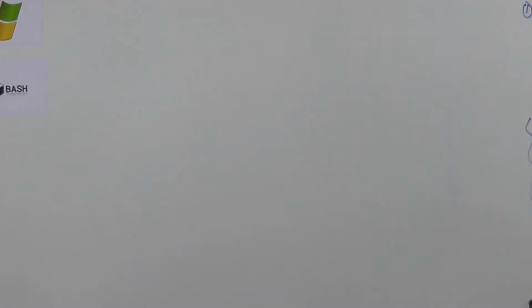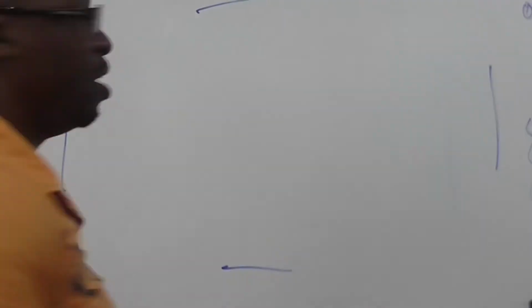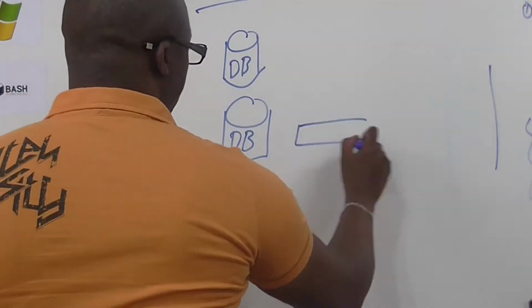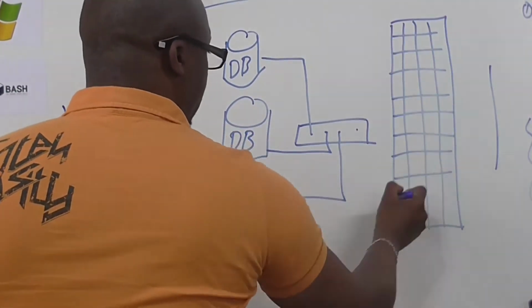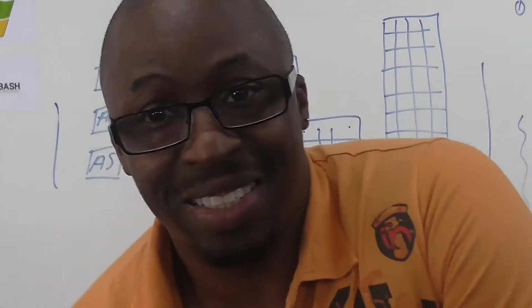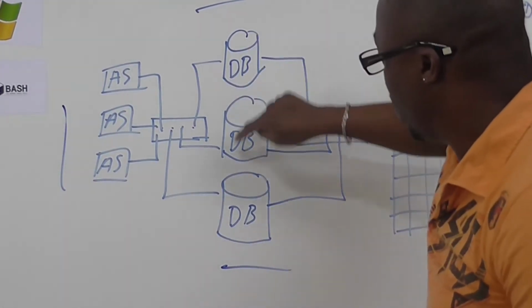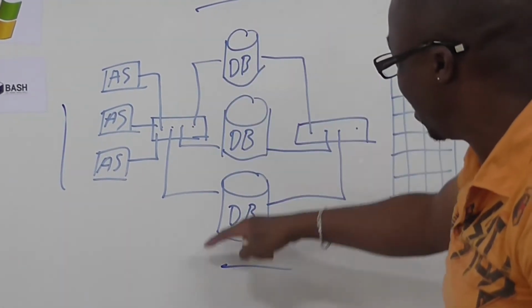So this is a potential model that one can utilize if they want to avoid the entire Hadoop ecosystem. So what you can do, yes, in summary, you can have multiple databases clustered together.